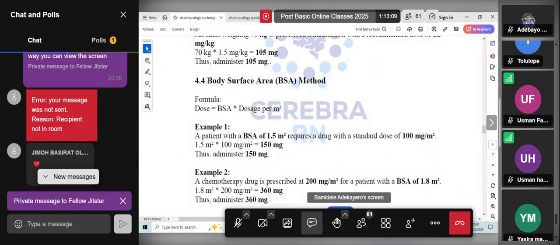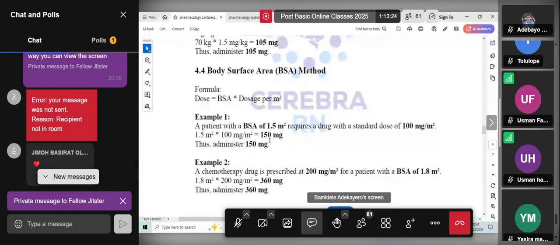Body surface area method. This one is based on the body surface area of the patient. This is mostly dealing with people that have skin issues, and also people undertaking some chemotherapy.